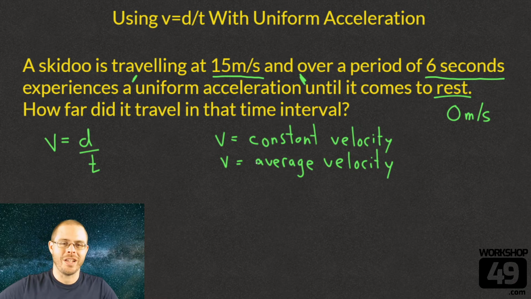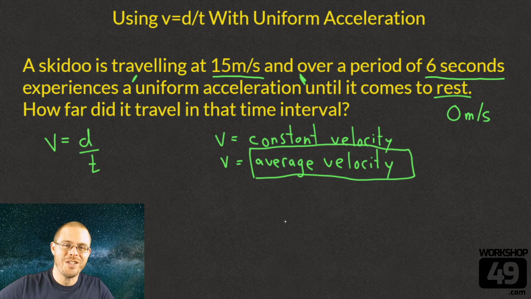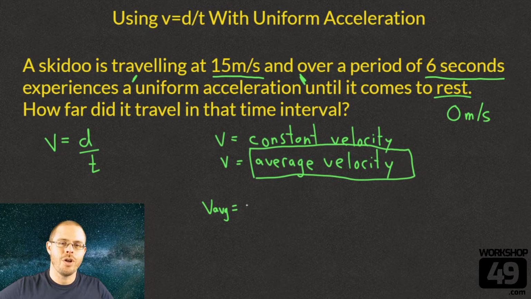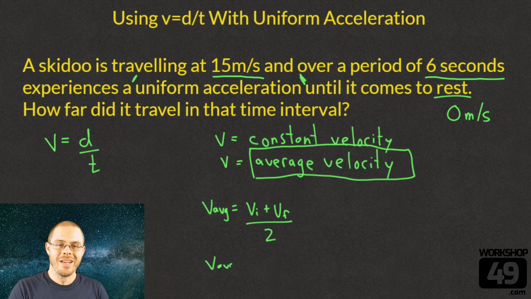And if we have uniform acceleration, we can solve that average velocity using the following equation. The velocity average will equal our velocity initial, added to our velocity final, and divided by 2. And this will actually give us a usable velocity.